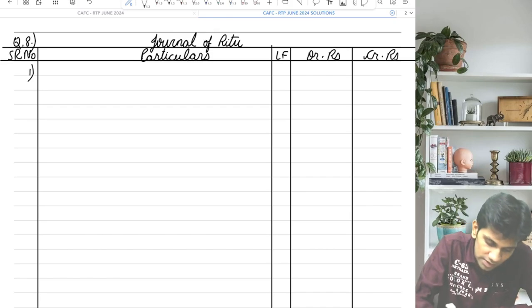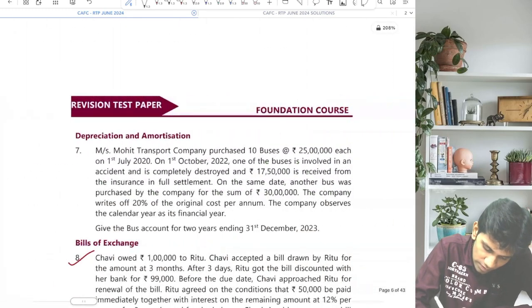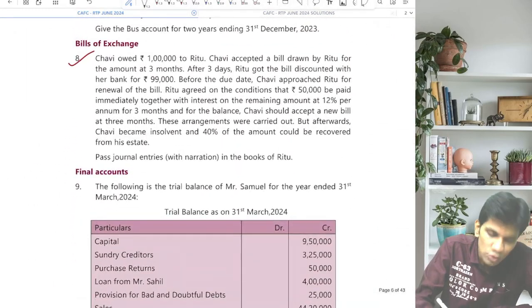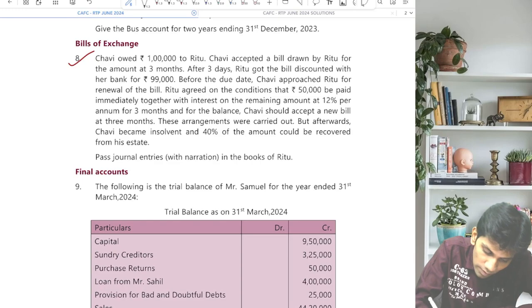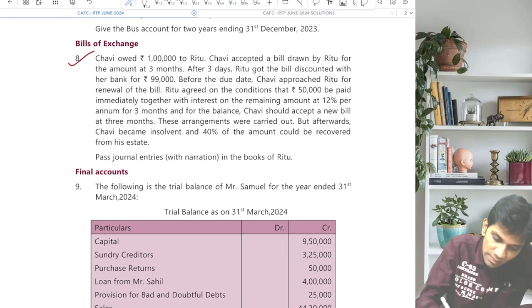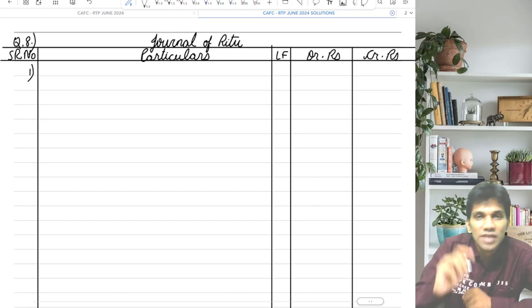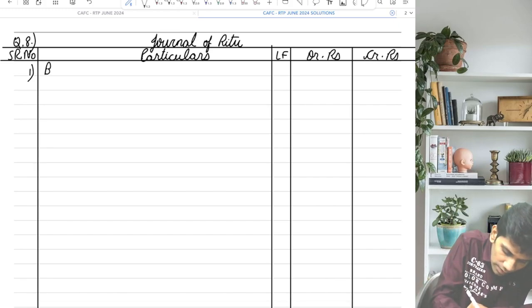So first transaction, let's see what they've given. Yes. So Chavi has to pay 1 lakh to Ritu. Chavi accepted a bill drawn by Ritu for the amount at 3 months. So first entry will be bill drawn. What is the entry for bill drawn?